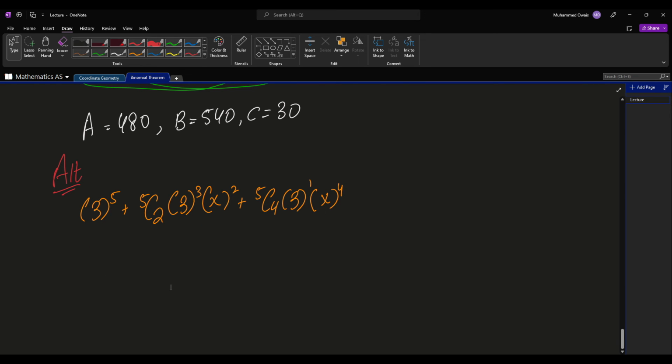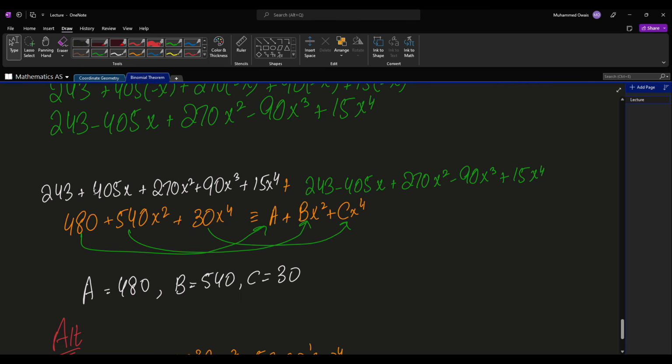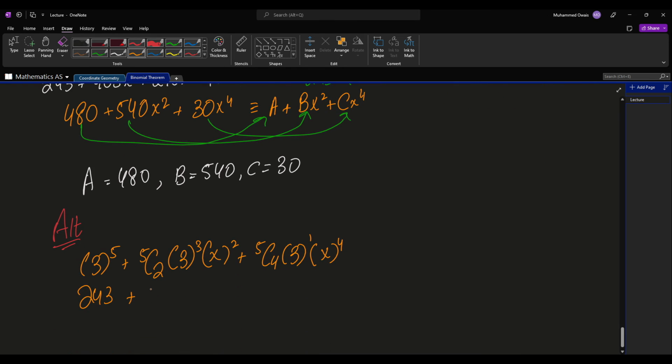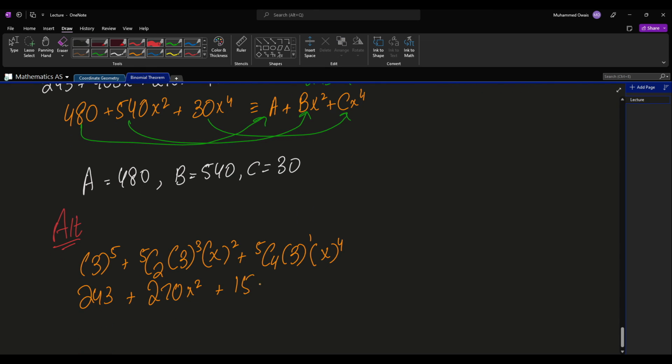See, I could just directly use this r to find direct values. So once again 3 power 5 is 243, 5c2 gives us 270x square, and this 5c4, this whole thing gives us 15x4.